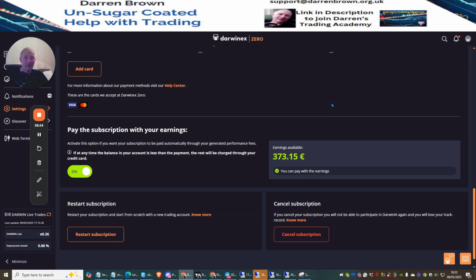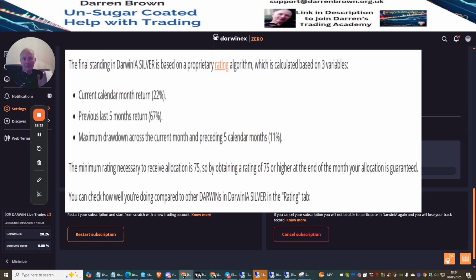There's nothing stopping that, because for 3 months, every month, you can get another allocation, but the allocations in silver run for 3 months. So that means that you can make profit every 3 months on that allocation, but you can have 3 allocations up to 3 months in silver, and in gold you can have it up to 6 months.